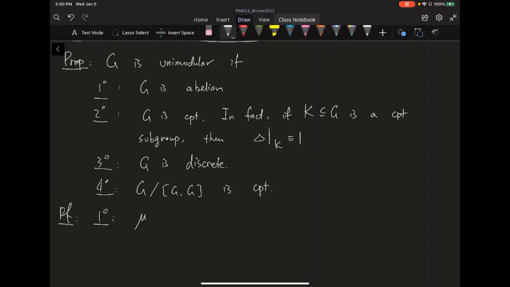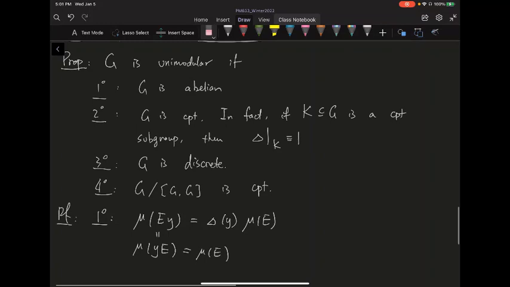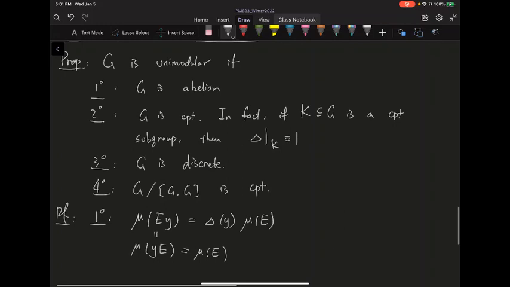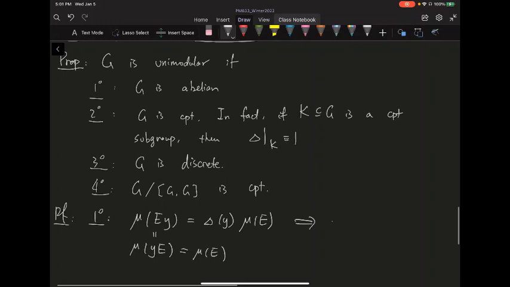If you recall, the modular function comes from the difference between the right translation of a left Haar measure. But because it's abelian, right translation is also left translation, and it's a Haar measure, so it's basically invariant on the left. So this implies delta is always equal to 1.